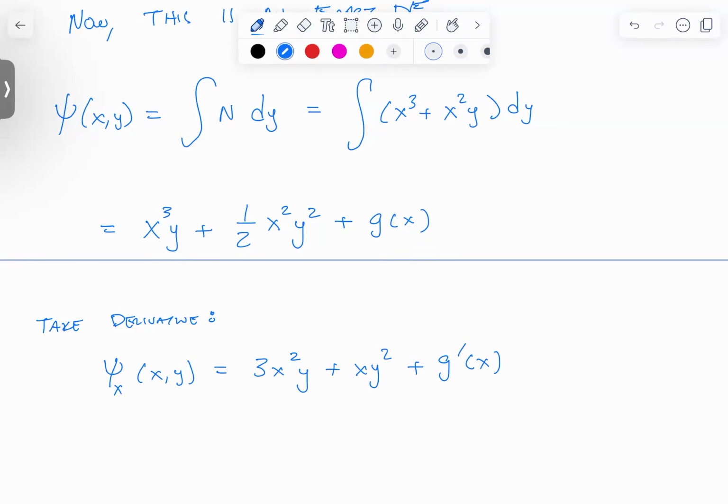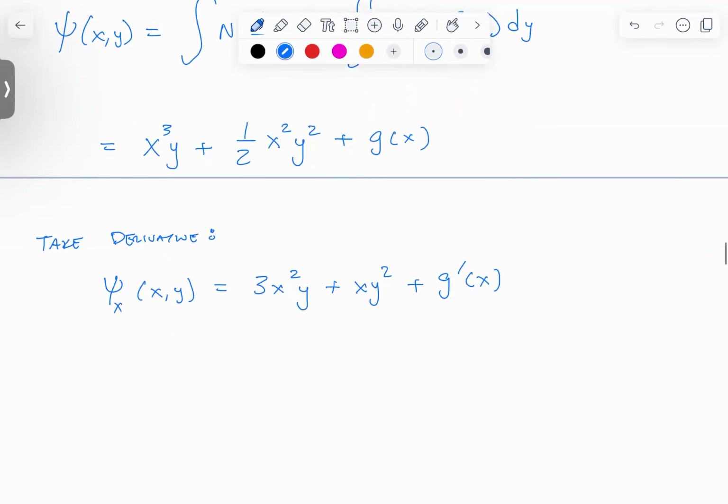Same thing, call it g of x, still call it f of x, h of x, it's all the same, right? Then the derivative with respect to x is g prime of x. Set this equal to the other one, m.